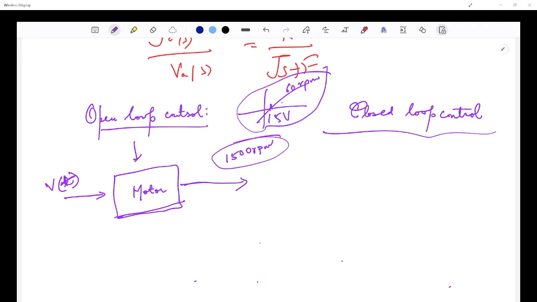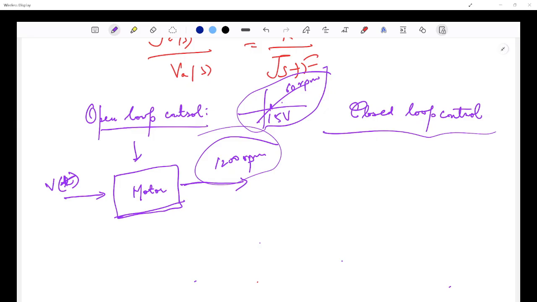Let's say it maintains 1200 rpm and I want it to maintain 1500 rpm, there should be a mechanism by which this error is corrected, right? So what should I do? I should have some sort of measurement of the output, and that output should be taken as feedback, right?